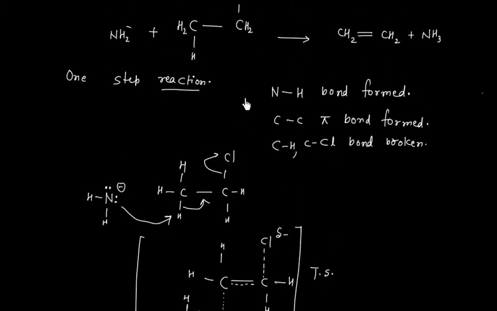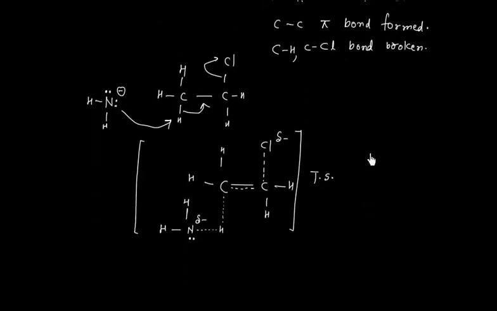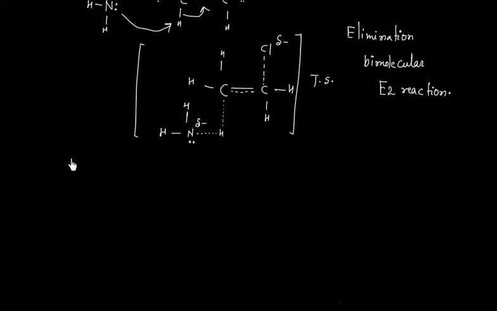This kind of reaction that happens in one step is called elimination bimolecular, that is E2 reaction. We also have another kind of elimination that is called E1 elimination. That happens in two steps.